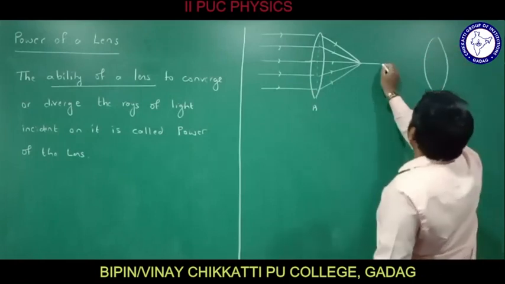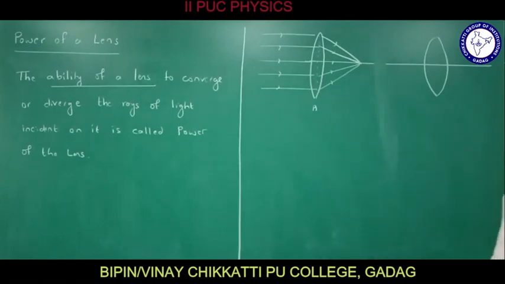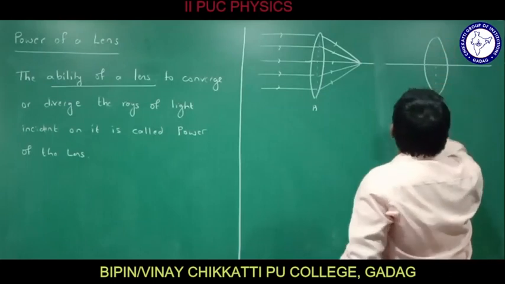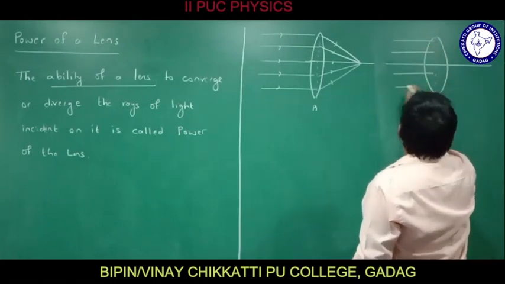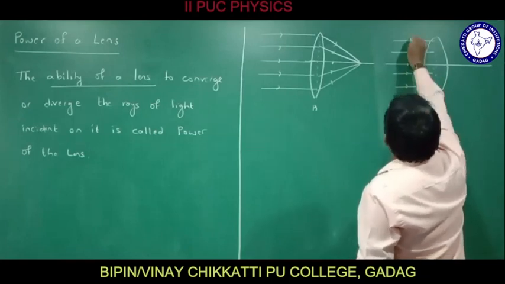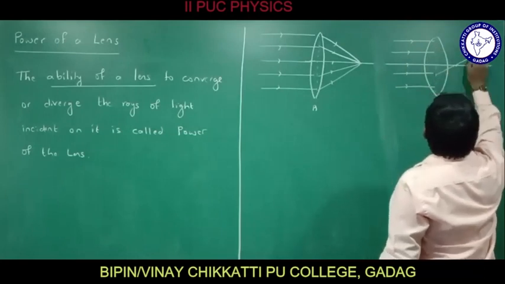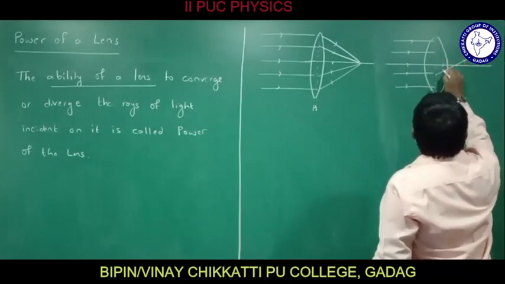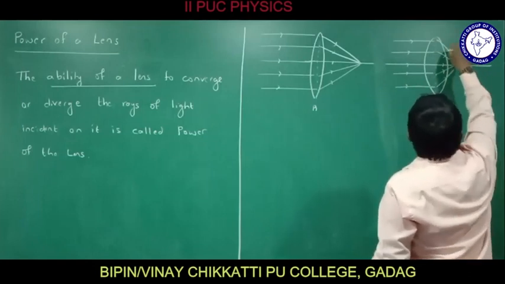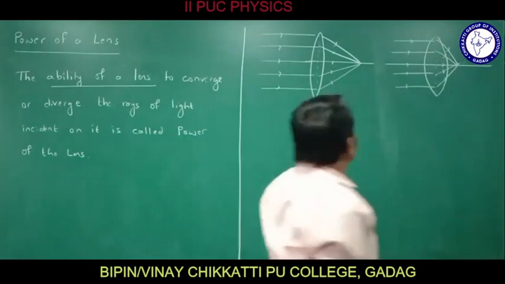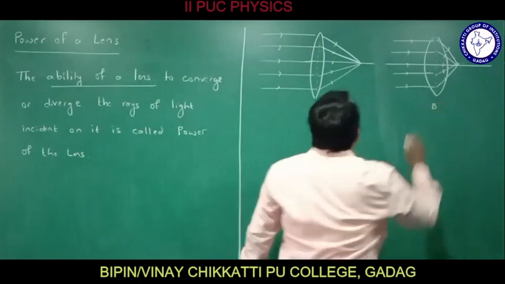Just see what the difference between these two lenses is. If I take a lens here, and take parallel rays incident on it, it converges at this point, here, and here. Just observe the difference between these two lenses, lens A and lens B.